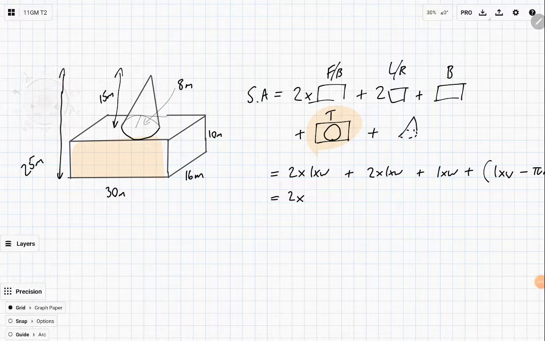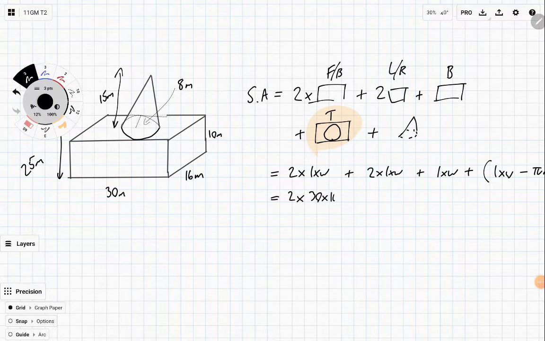Alrighty, so the front and the back is going to be 30 by 10, plus the left and right is going to be 16 by 10. The bottom is going to be 30 by 16.